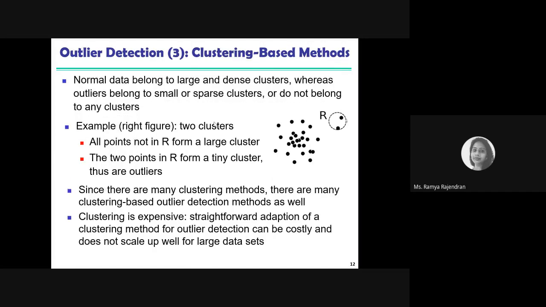Third one is clustering-based methods. Usually this is similar to the unsupervised methods in the previous classification. Most of the time, the clusters are very big and have too many data points. But the clusters with very few data points, or that are a little far away and sparse, we can call clusters with outliers.